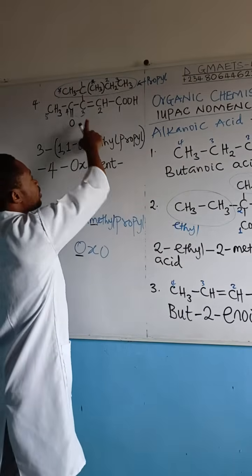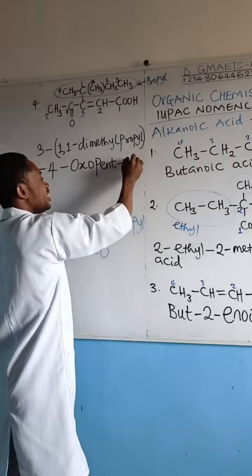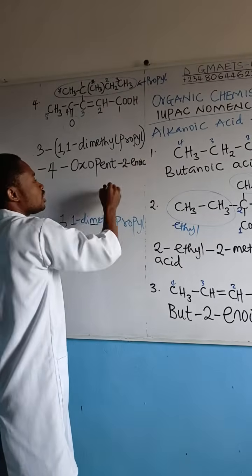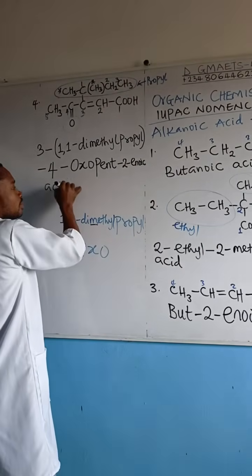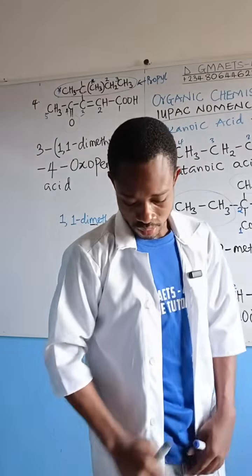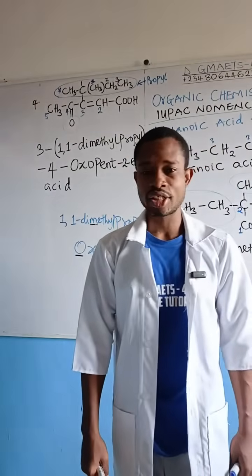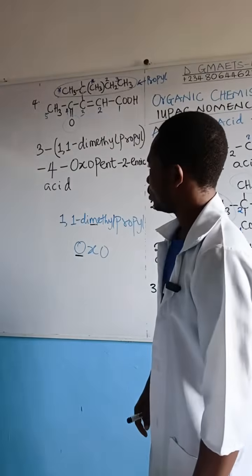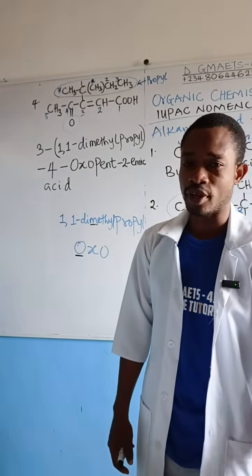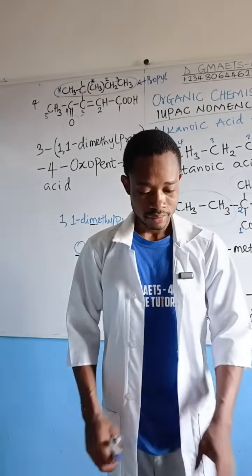You indicate the carbon atom bearing the double bond, which is 2. Pent-2-enoic acid. That is the IUPAC name of that structure: 3-(1,1-dimethylpropyl)-4-oxopent-2-enoic acid.